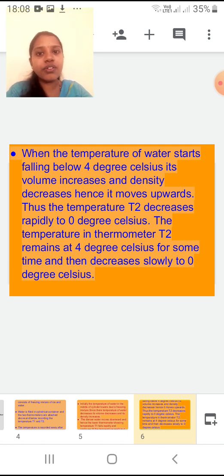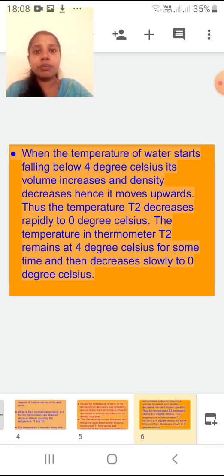Now when it has moved upwards, what is going to happen there? T2 temperature will go on falling to 0 degrees Celsius, but it will not fall suddenly. Slowly but fast it will come, but it is going to remain for some time at 4 degrees Celsius. I hope this is clear to you till here. Okay. Now this was the construction and the observations for the experiment.